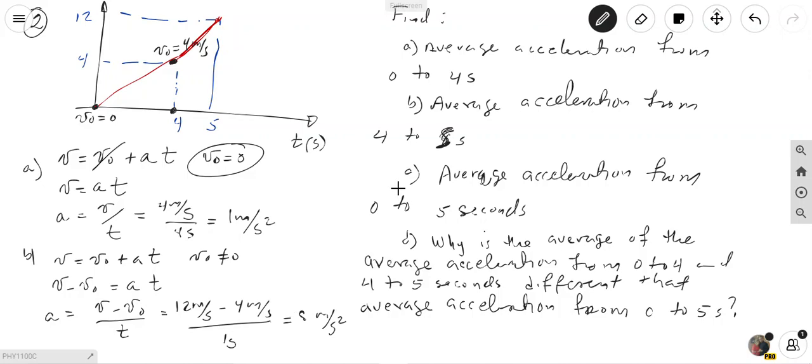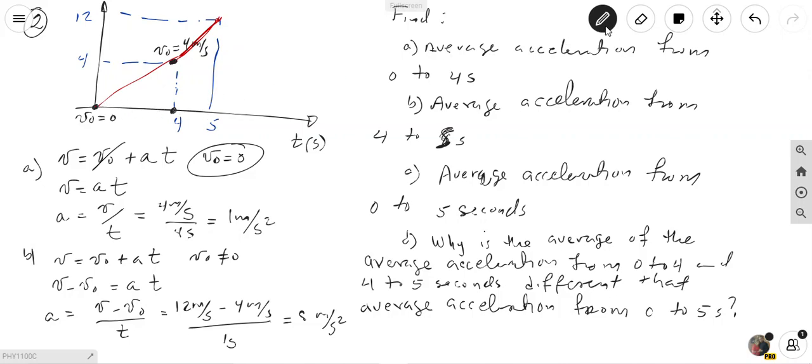Now they ask you to find the average acceleration from 0 to 5 seconds. So from 0 to 5 seconds, we have an initial velocity of 0, a final velocity of 12 meters per second, and a variation in time that goes from 0 to 5 seconds.